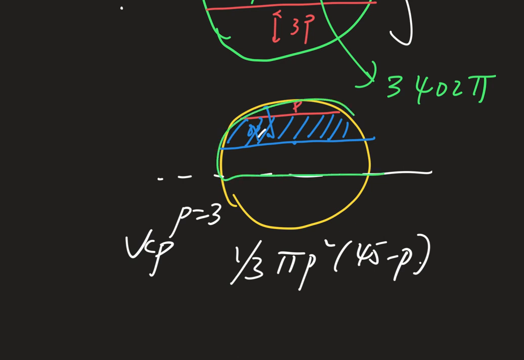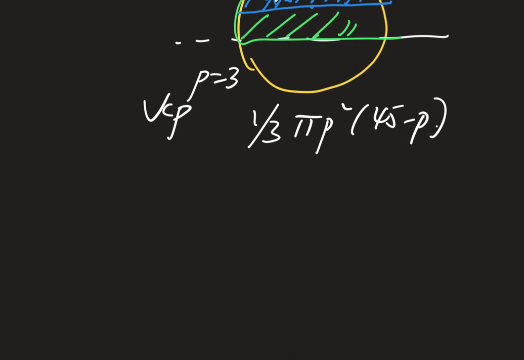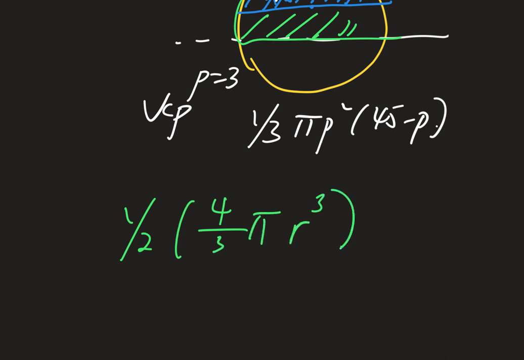As long as I deduct this, and I deduct this, I get this blue one. So half of the sphere, R cubed, right? Okay, minus V cap 1, minus V cap.